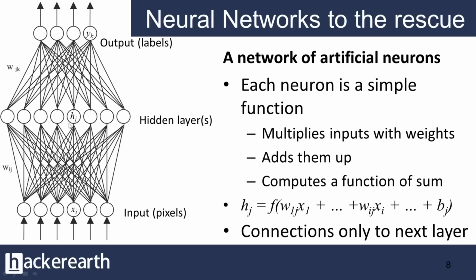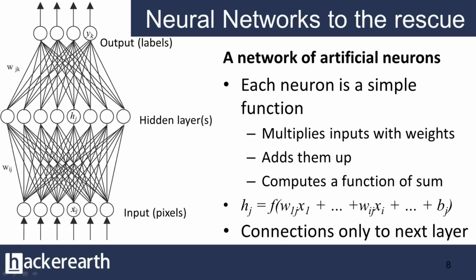Okay. So each of these functions, whether in the hidden node or in the output node, do something very simple. They multiply all of their inputs with some weight.